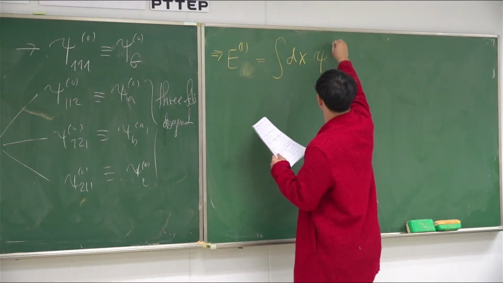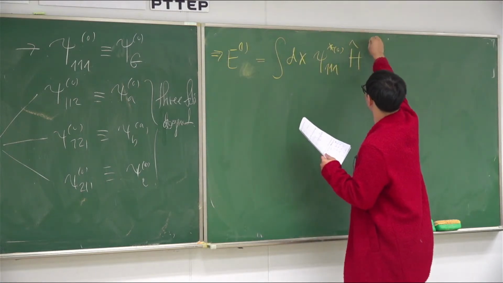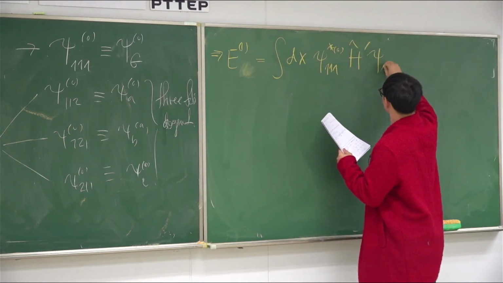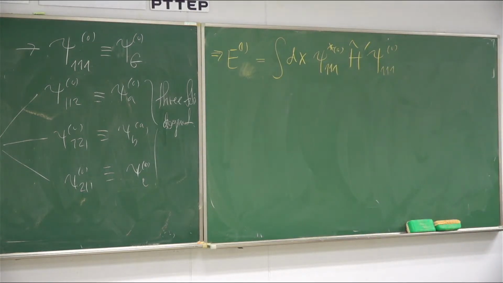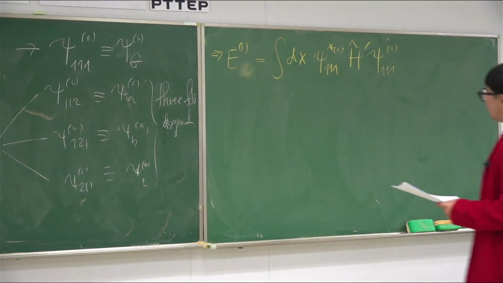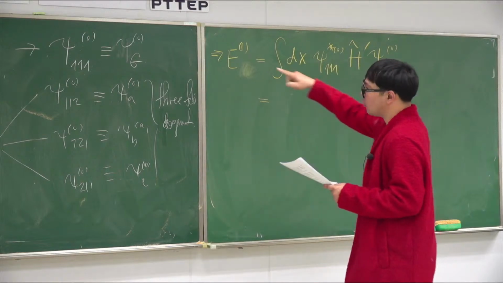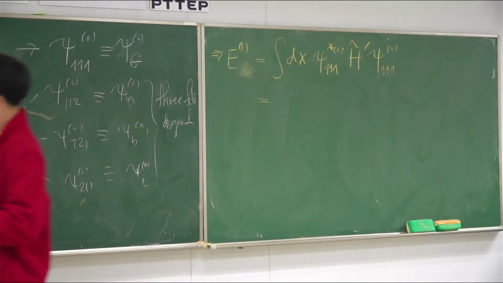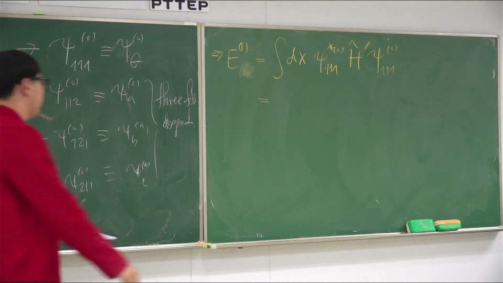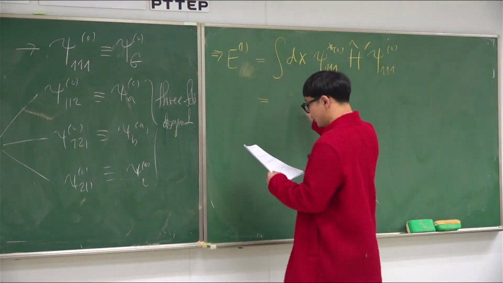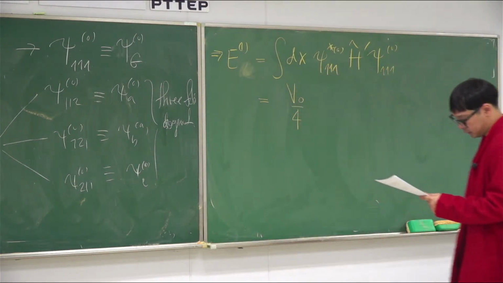Okay, so you have this relation, and then you plug in all the equations that we know here, which is very long, so I'm going to skip it. But once you finish the calculation, you're going to have this over 4.